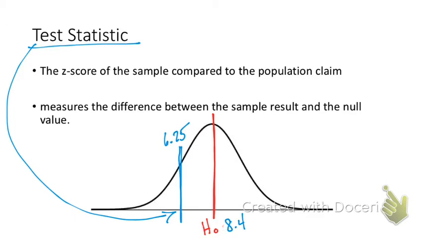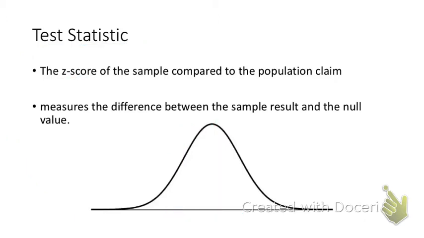So we want our sample to be very different than the population, because that's going to help us in proving it wrong. So that's what a test statistic is. It's just a z-score. Is that considered very different, 6.25? Well, we don't know. We think it's different, but we're actually going to prove that it's very different.